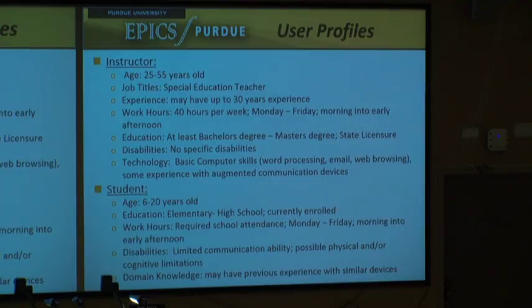Then we wrote user profiles to describe who might be a typical user, and talked about different aspects, like how many work, what education. On the student, they went into details, not only that they had limited communication, but what were some other things that they really liked.